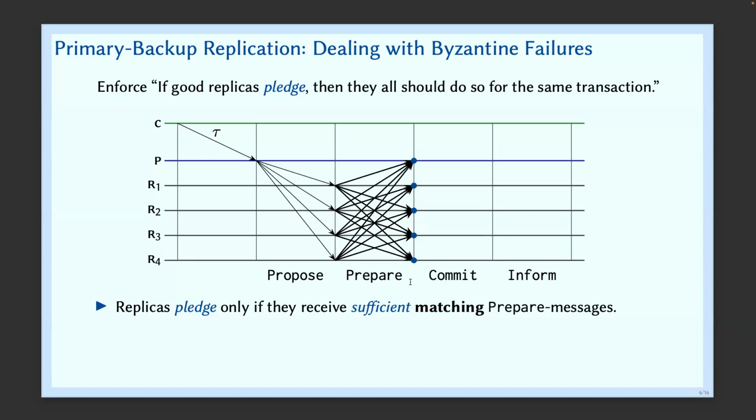Let's say this one good one can show a proof. The other one cannot show a proof. Because a proof means a formation of a prepared certificate.